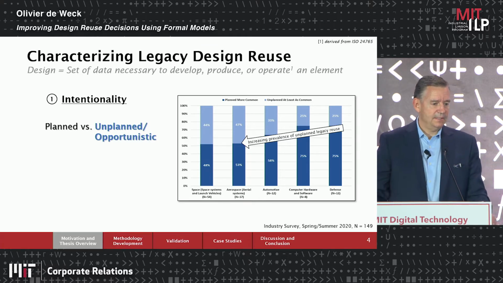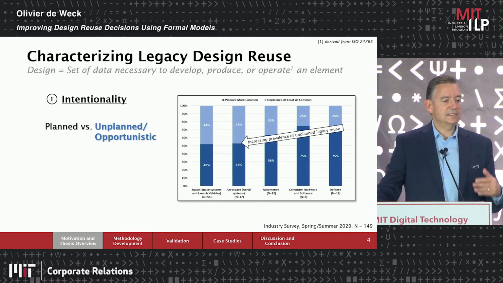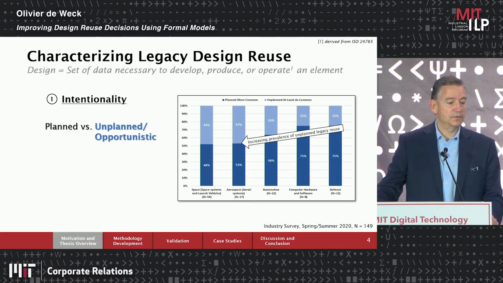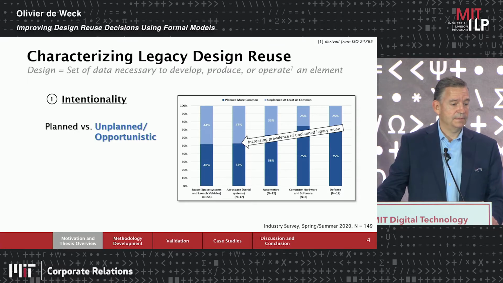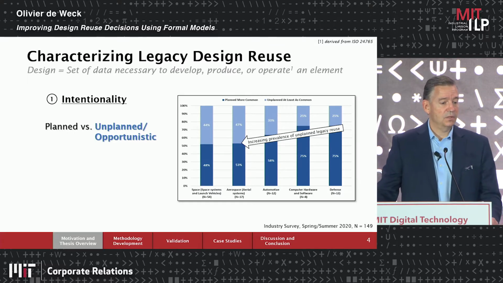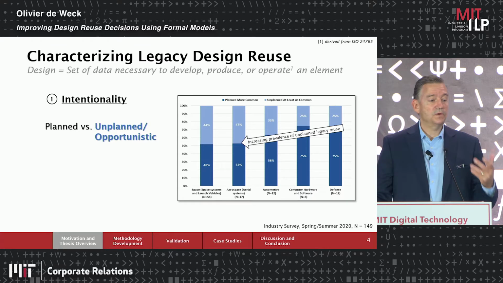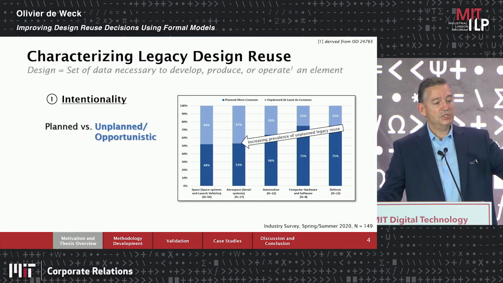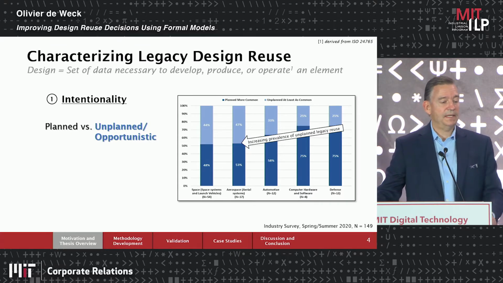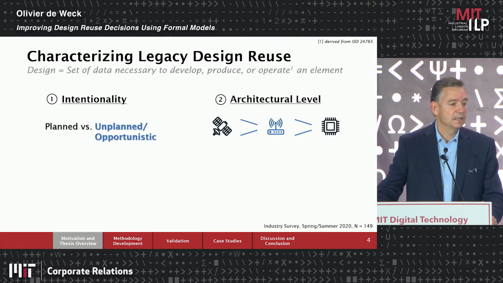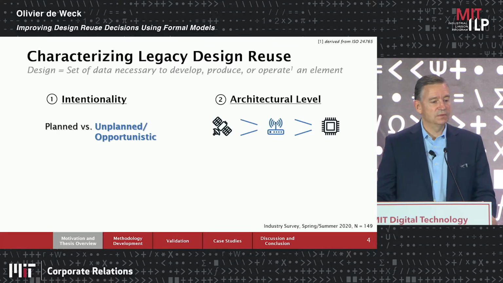If you look at this, what it shows us is that in some industries, planned reuse is more common than in others, like automotive, for example, medical devices, hardware, software reuse, in defense as well. When it comes to space systems, which a lot of these are unprecedented systems, the ratio of unplanned reuse to planned reuse changes, and we see more unplanned reuse. So that's the intentionality of the reuse.